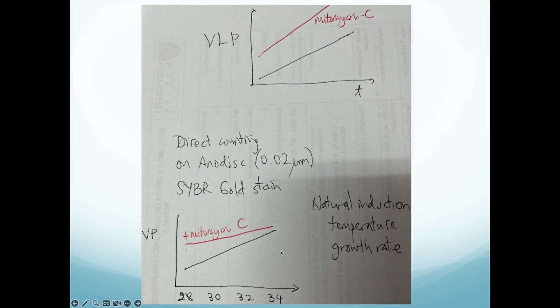So less lysogen at high temperatures. So this is how scientists can find natural factors that induce lysogens to adopt the lytic mode. For example, higher temperatures and higher growth rates.